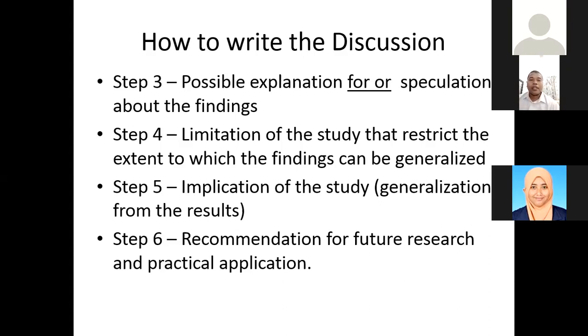Okay, and then explain the limitation of the study if you cannot link to the general findings, and then the implication of the study to the population. Remember, you have to broaden the finding again. So how is the data going to impact the population?